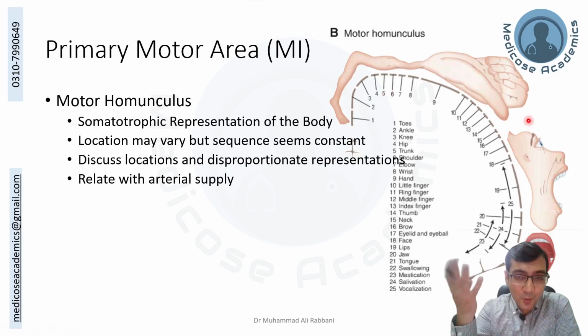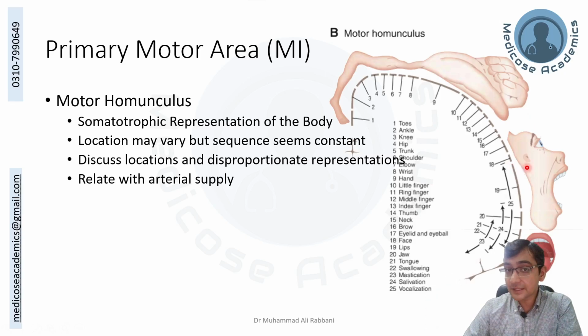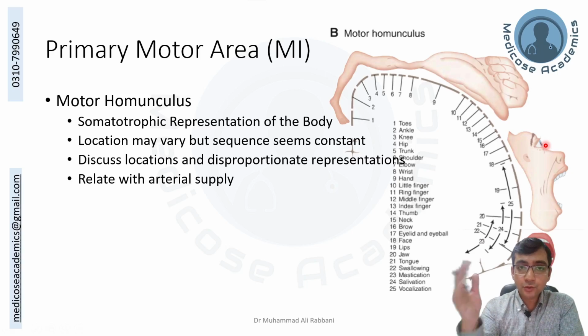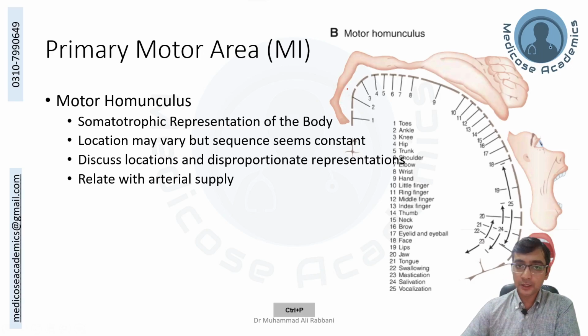You can make so many facial expressions: excitement, anxiety, fear, and whatnot. So the face has been given a large area. You have very fine discrete functions in your hand, your thumb, your index finger, so that is given a large area. On the back, you don't need that much finesse. On the foot, you don't need that much. So those areas are given lesser representation.